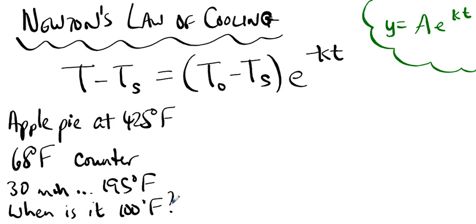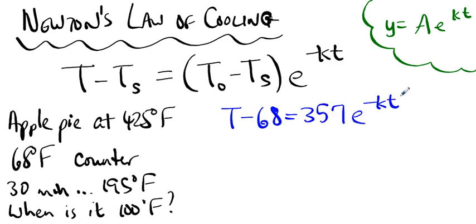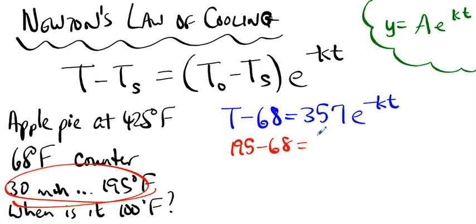Okay? So here's my thought. The difference between the temperature of the pie and the temperature of the room has to be this initial difference times e to the minus kt. And then there's an additional piece of information here that's going to help me figure out what k is.